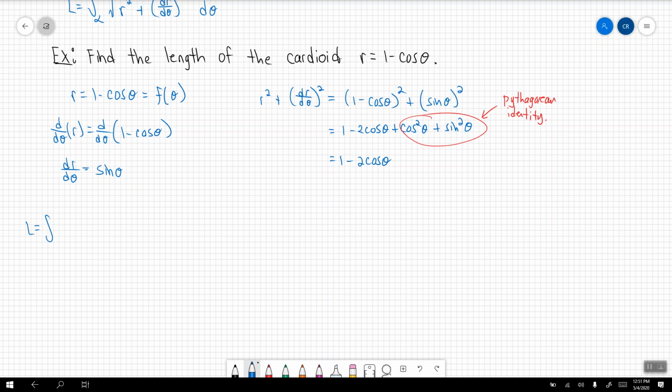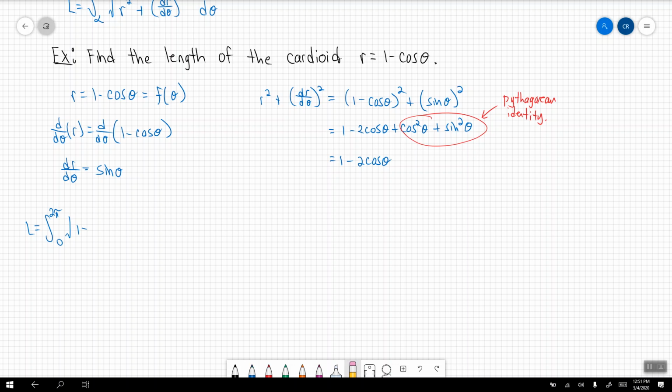The arc length for the whole cardioid. Now the whole cardioid, we're going to be going from 0 to 2 pi. That's to make sure that we get the whole length, because again the period is not adjusted here, so it remains from 0 to 2 pi. And now I'm going to take the square root of the value that I just found, this 1 minus, my apologies, it's not 1 minus.